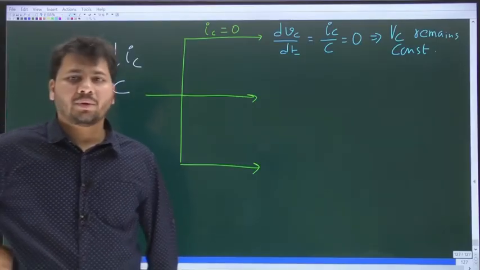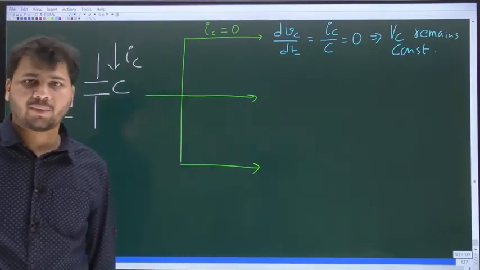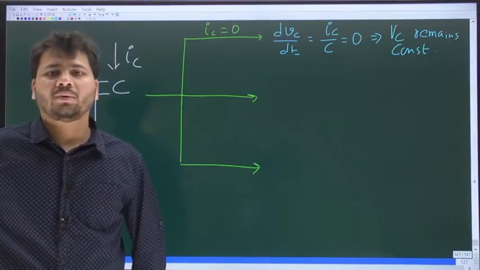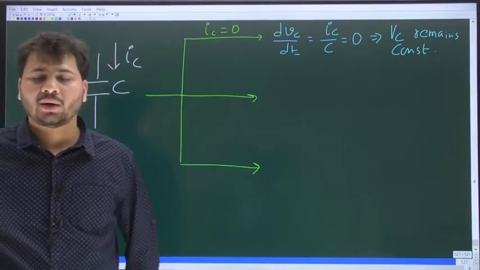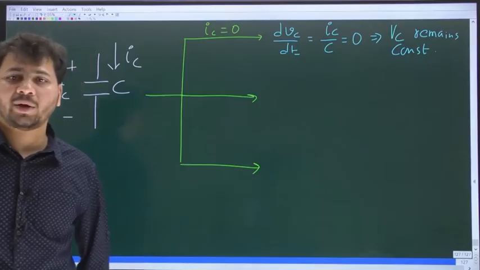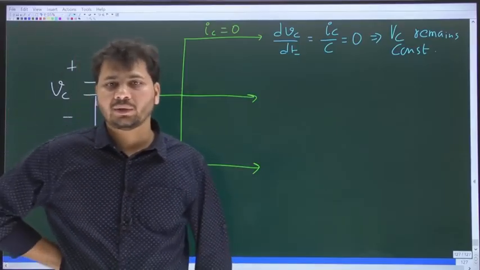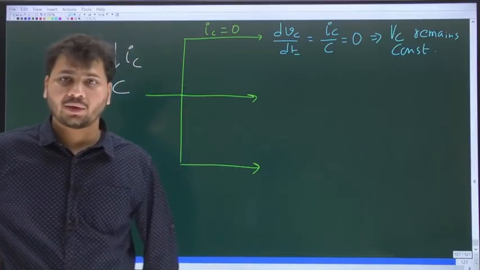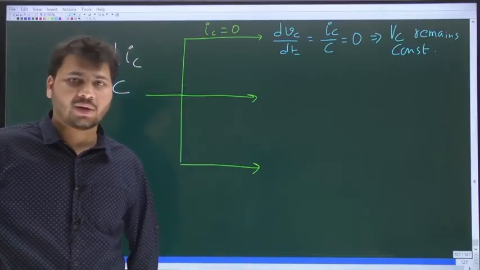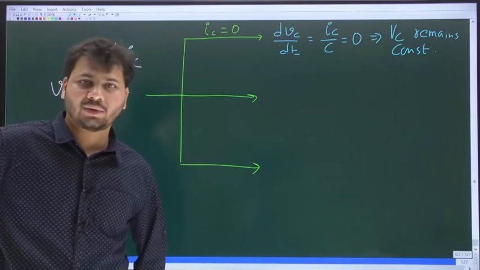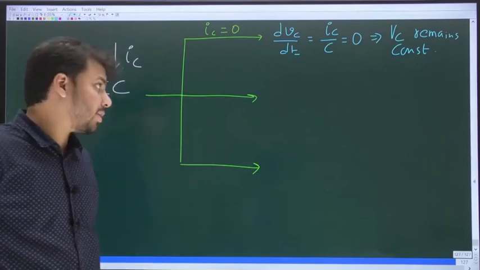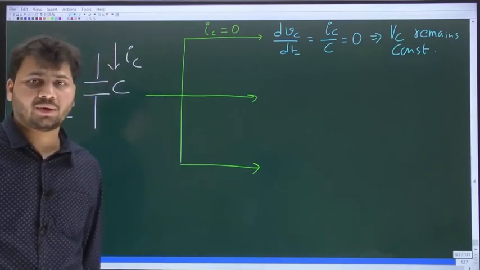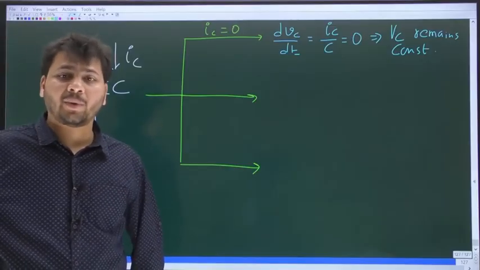0, you should not say voltage across the cap will be 0. You should say voltage does not change, or rather the voltage across the cap remains constant. This is unlike what we have for a resistor. For a resistor, if current is 0, voltage drop is 0, or if voltage is 0, current is 0. But for a capacitor, if the current is 0, voltage drop will remain constant.